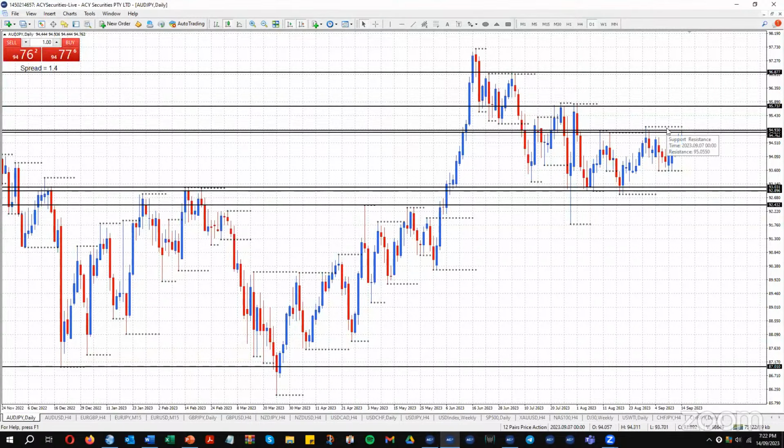Could even go to that high there, 95.05 or 95.00. But today we've been up to 94.93, so it's come up to that level there. That's how I've had my top of the range drawn at the moment. And we could be holding here to move down.